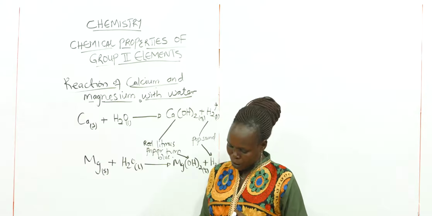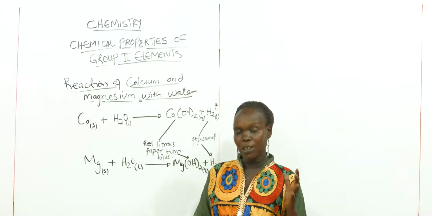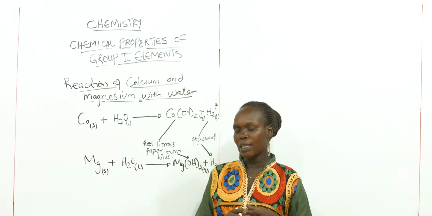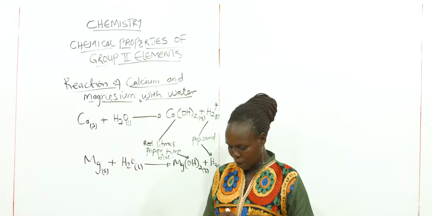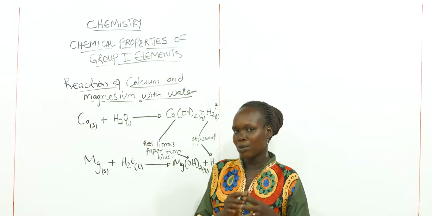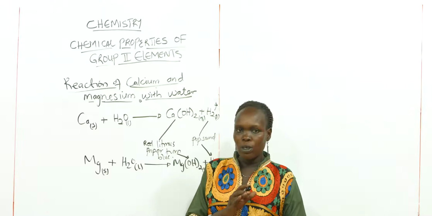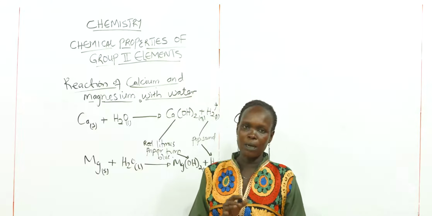First of all, we need to remember that the reaction of water with magnesium will give us magnesium oxide and hydrogen gas. The same thing when you have an excess of steam or excess boiled water, it will react with the magnesium to give us magnesium hydroxide.